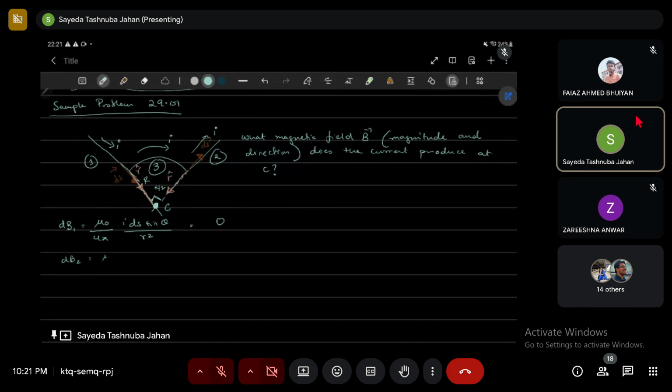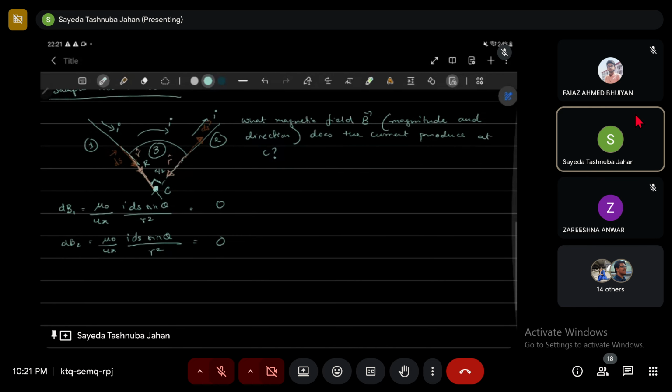Similarly I can write this as mu naught by 4 pi, I ds sin theta by r squared. This is also going to be 0.